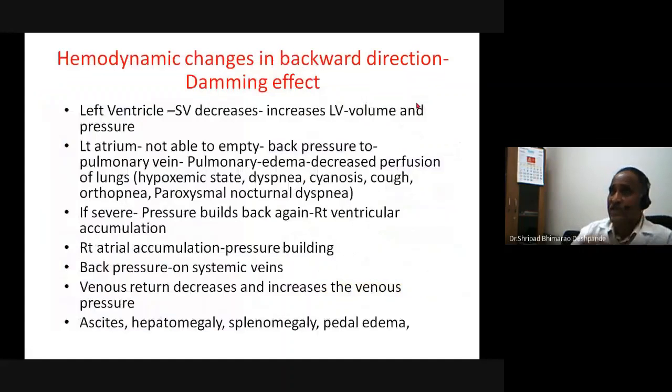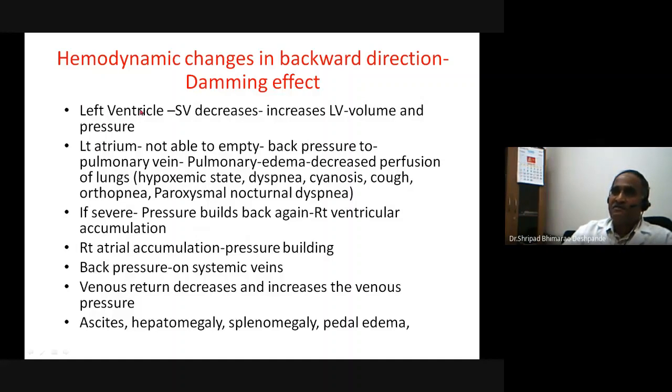Now going to the backward direction, hemodynamic changes in the backward direction. This is something like putting a dam. That means it produces a damming effect. That means you have put an obstruction, and because of this obstruction there is back pressure building up, then backwater accumulation. Let us see what happens if there is a failure of the left ventricle.